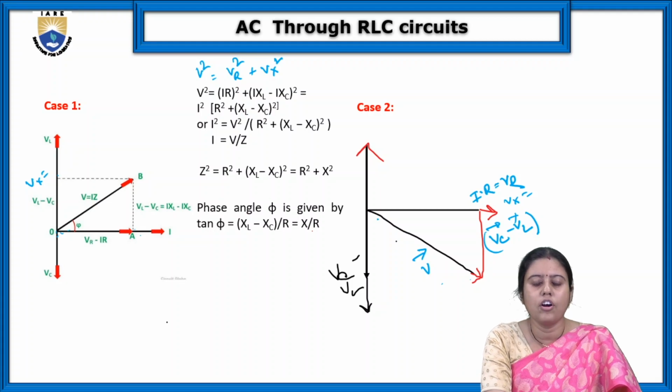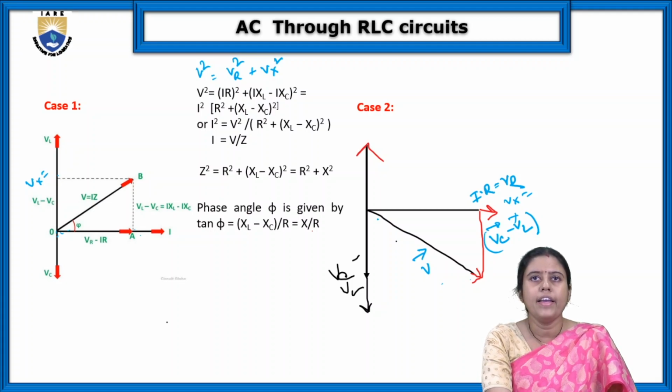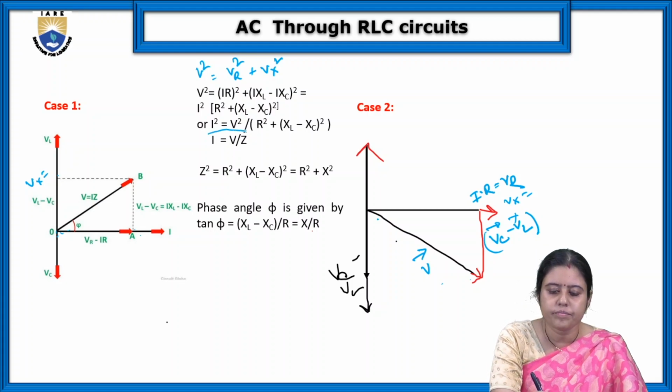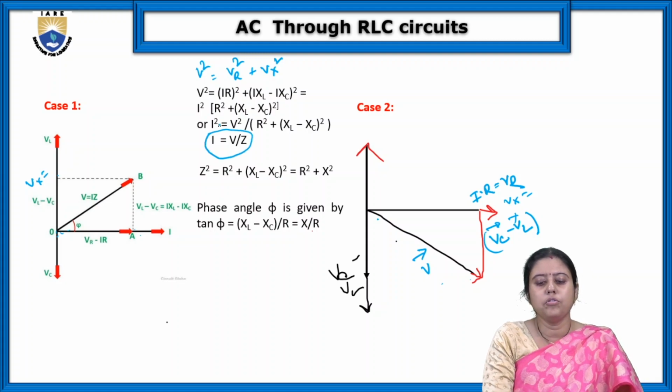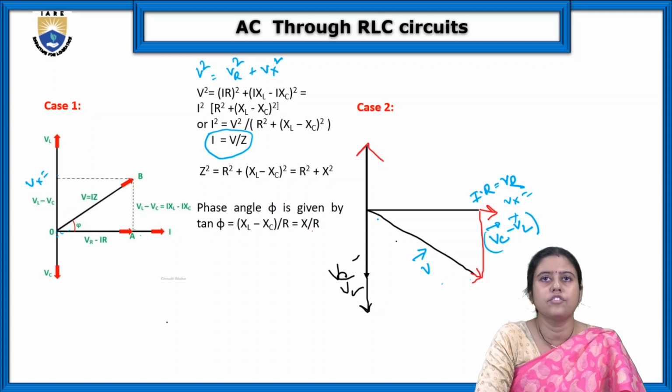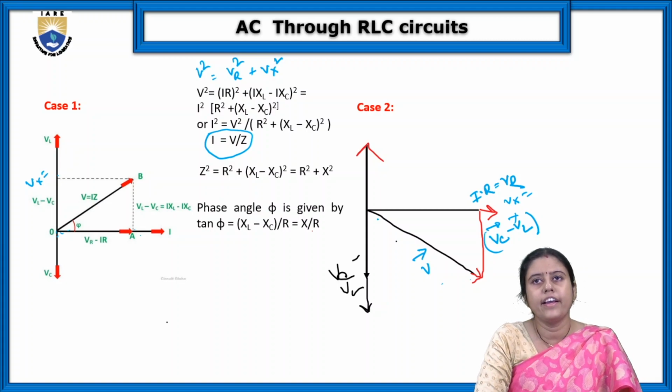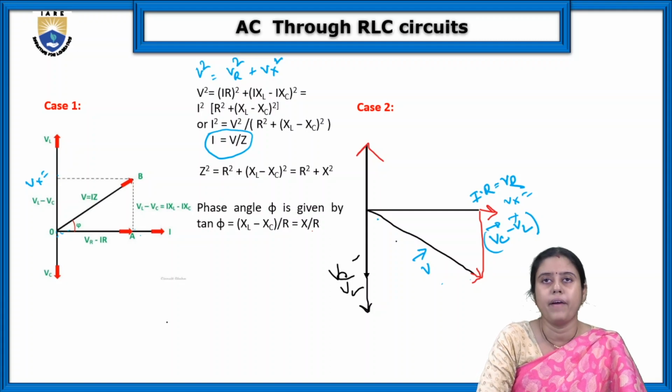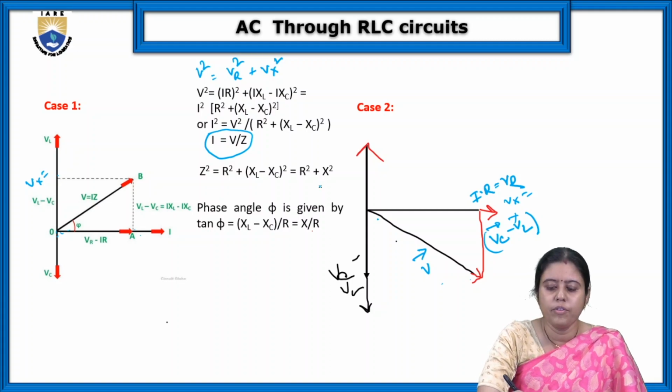So I is equal to V by Z, and from the triangle we also get Z square equal to R square plus (XL minus XC) square.